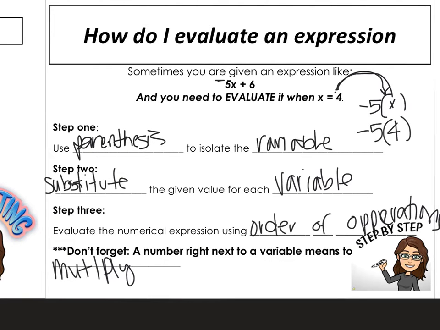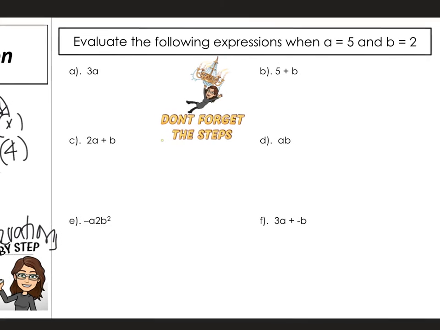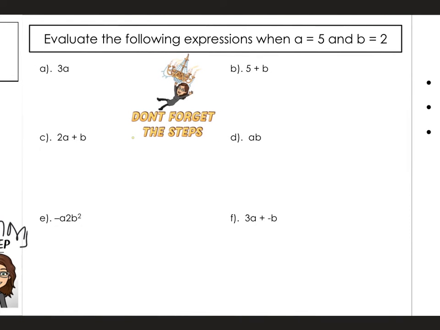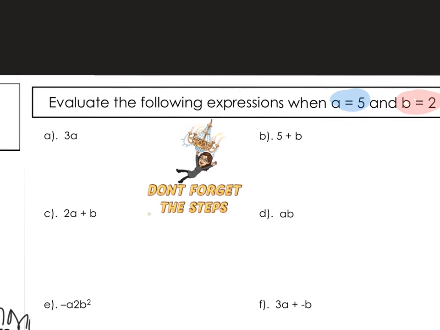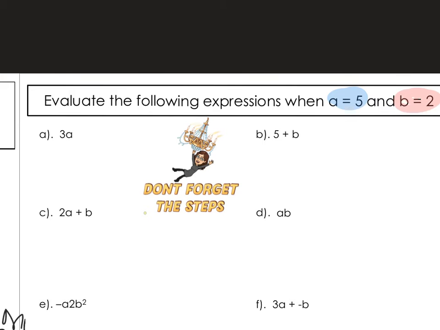Okay, so let's give it a shot. We are going to evaluate the following expressions when A is 5 and B is 2. So we know that A is 5 and B is 2. So I am going to isolate my variable using parentheses.